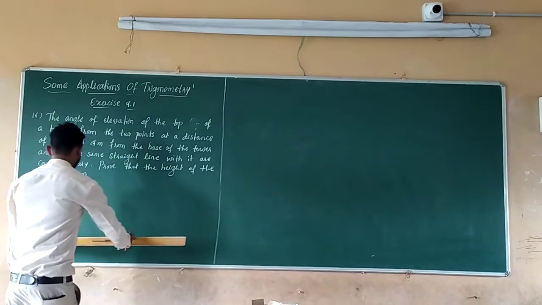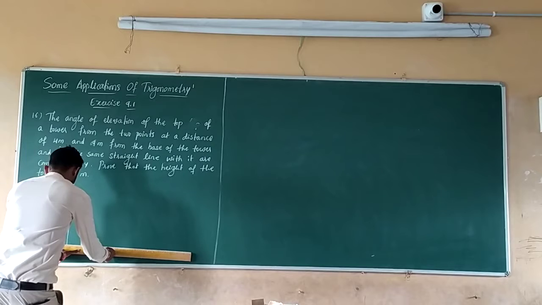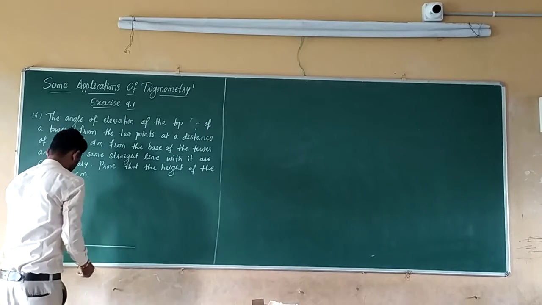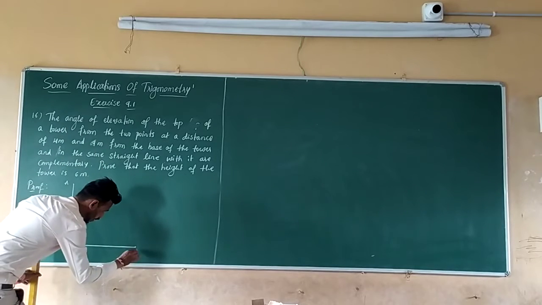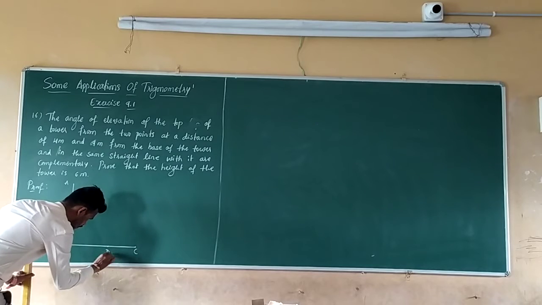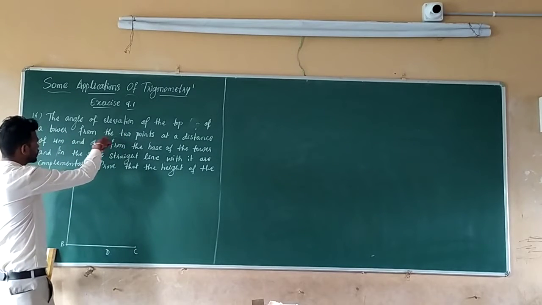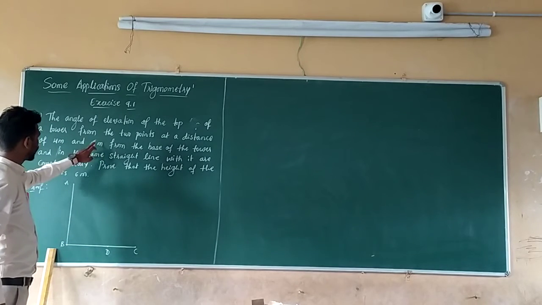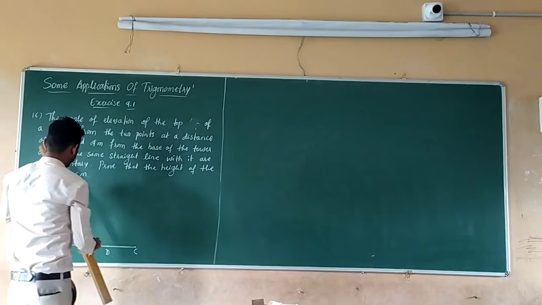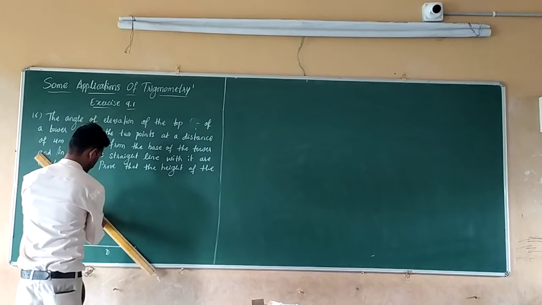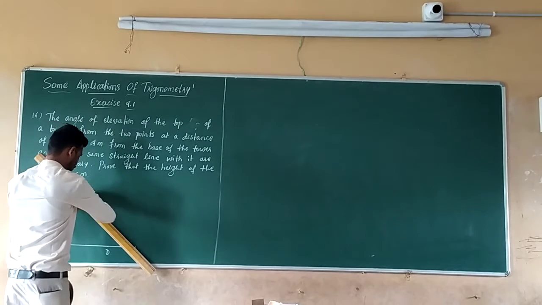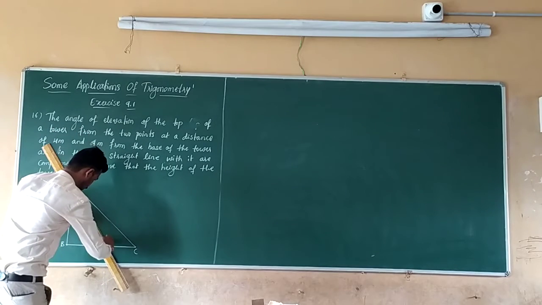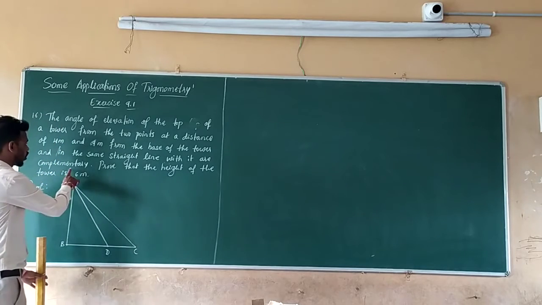So from two points in the same straight line, let us take this one as C and one more as D. From these two points, the angle of elevation from point C and from point D are what?